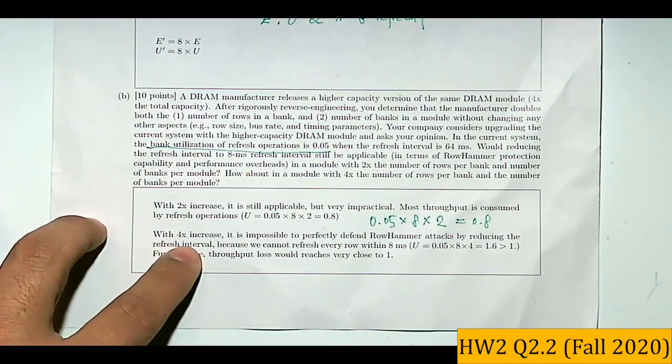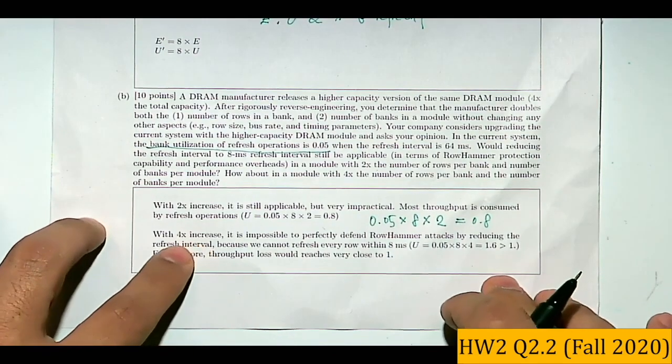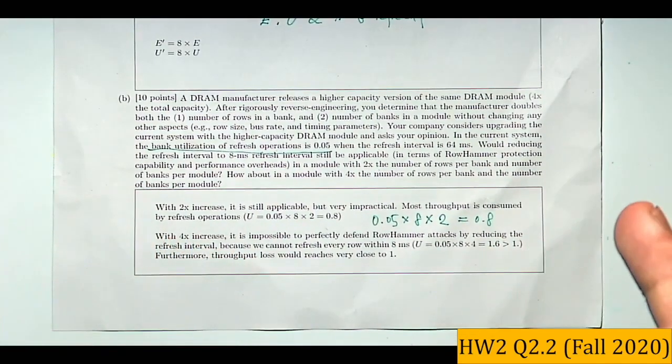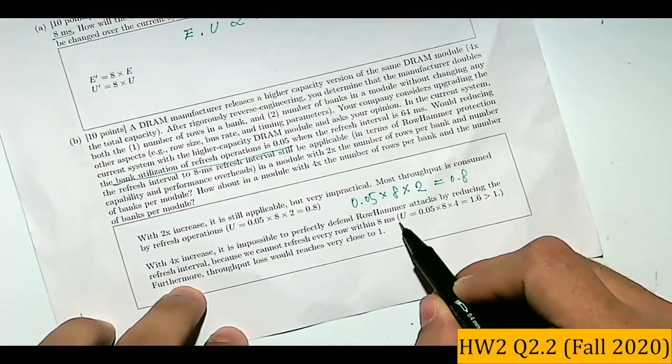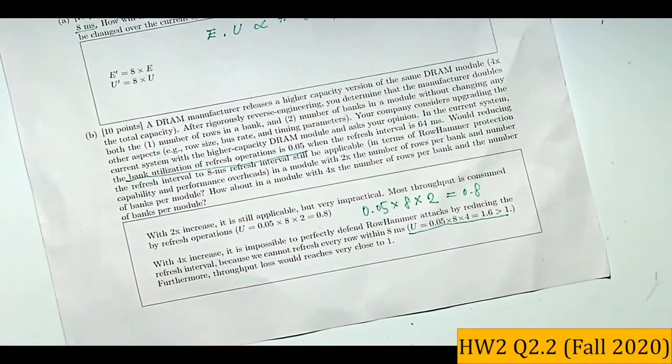And if the number of rows and number of banks increase 4x, it is impossible to protect. Actually, it is impossible to reduce the refresh interval to 8 milliseconds because bank utilization becomes larger than 1. It means that even though we spend all the time on refreshes, we cannot refresh every row in a module.